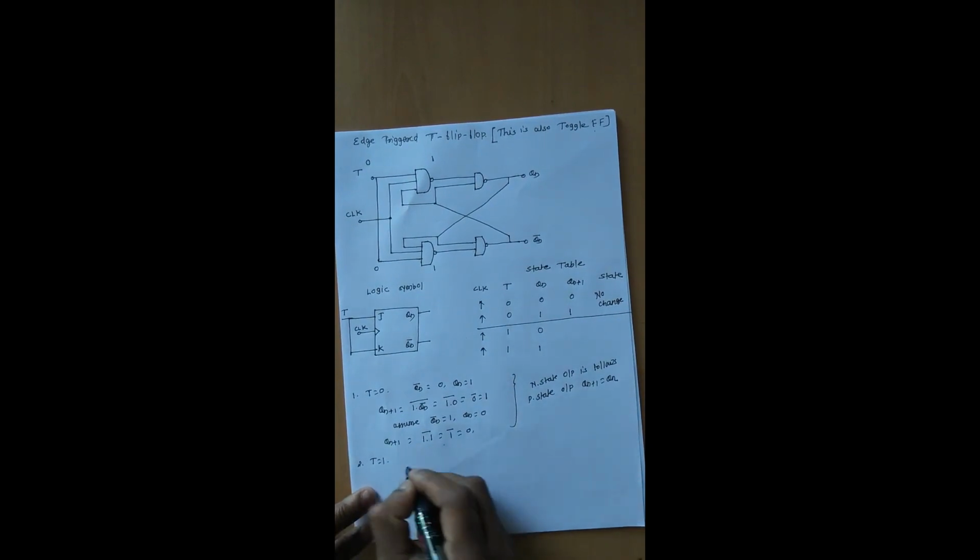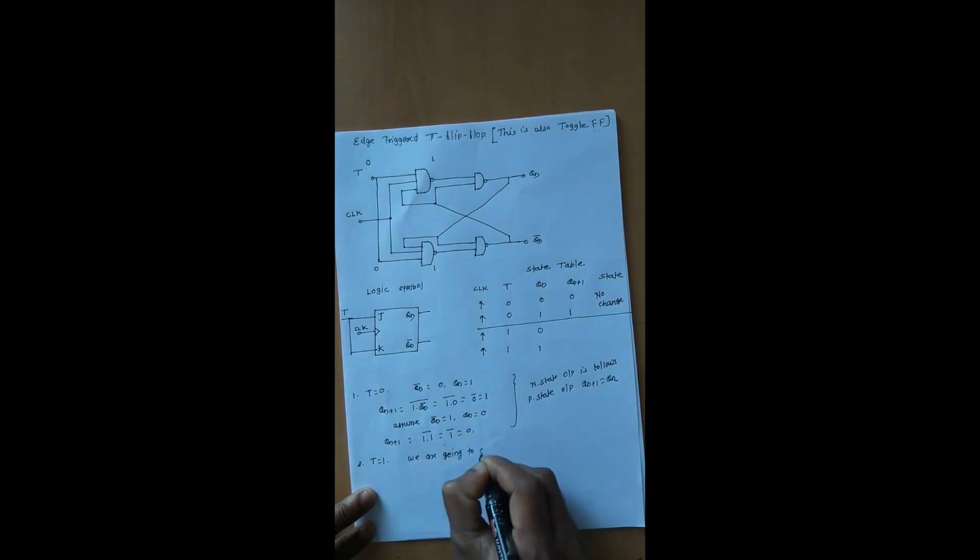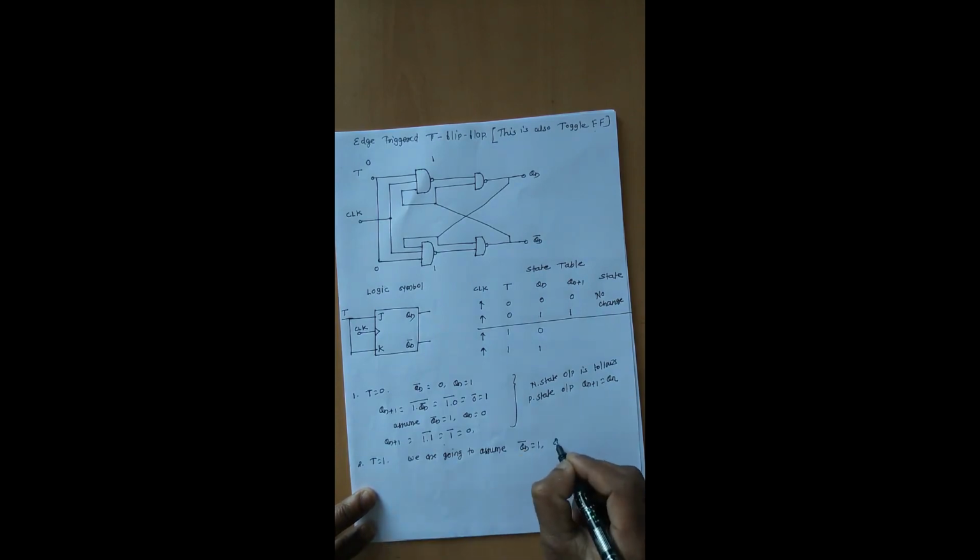So we are going to assume, for this case, Q of N bar will be 1, and if Q of N bar is equal to 1, definitely Q of N will be 0. So let's find out the output.